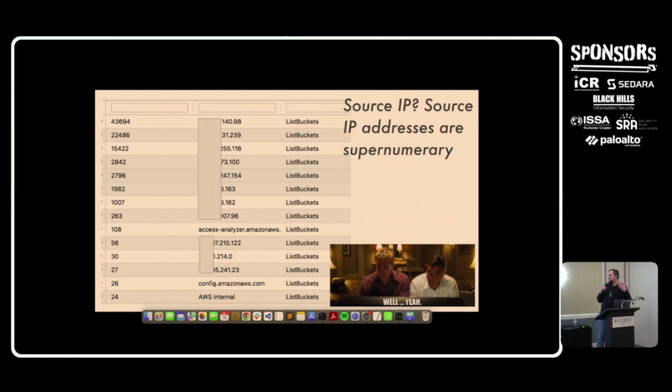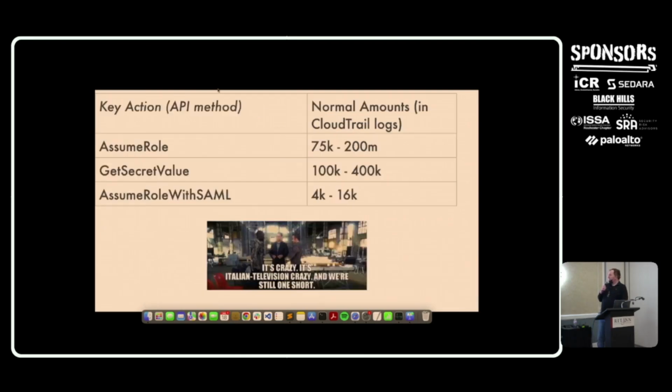But source IPs have one of the highest cardinalities, meaning the source IP values in CloudTrail logs are one of the fields that have the largest number of unique values. There's way too many of them, and there's a long tail of IPs that are relatively rare or unusual, but they're completely normal, just because modern networks are so hyper-distributed. So that's kind of out.